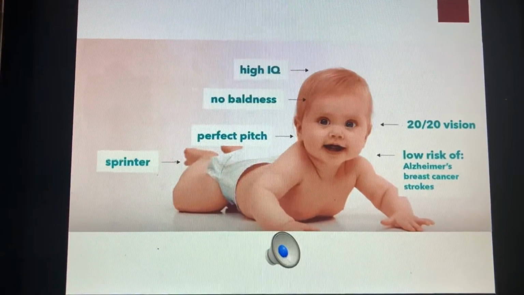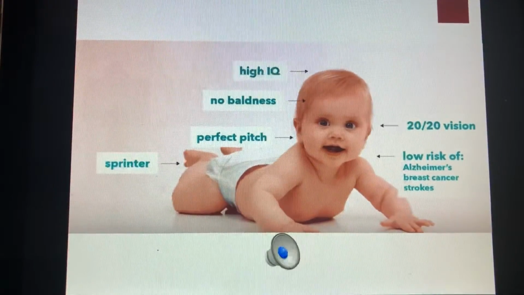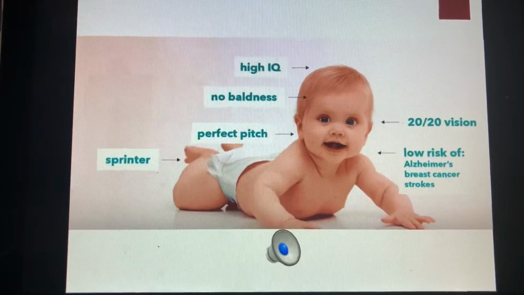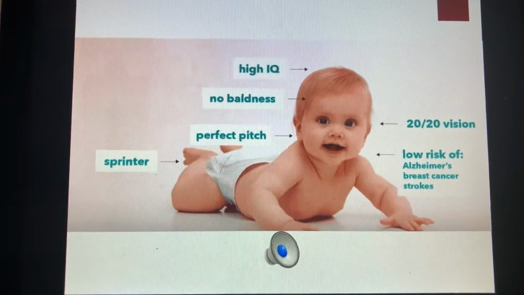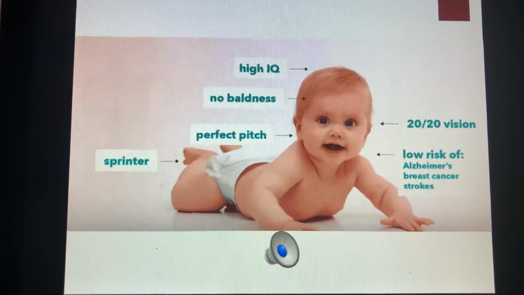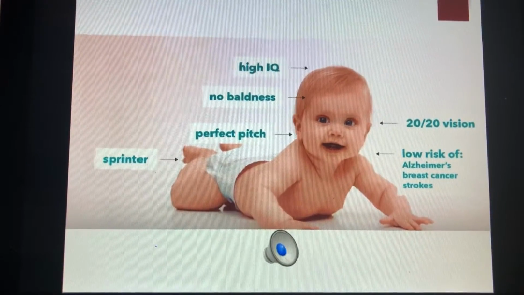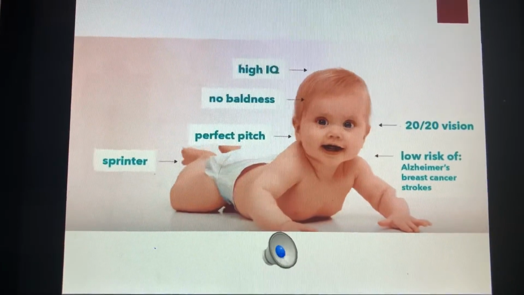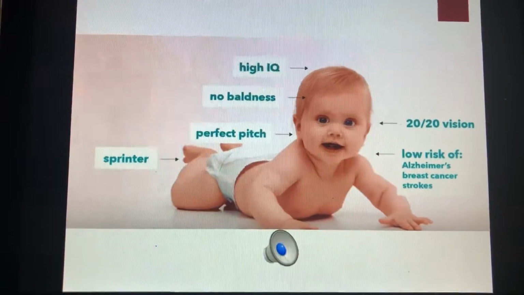So if there is a mistake that happens in this gene editing, it not only affects that baby, it affects the future babies of that baby. And it's interesting to see how this would all turn out if it ever comes to this point.